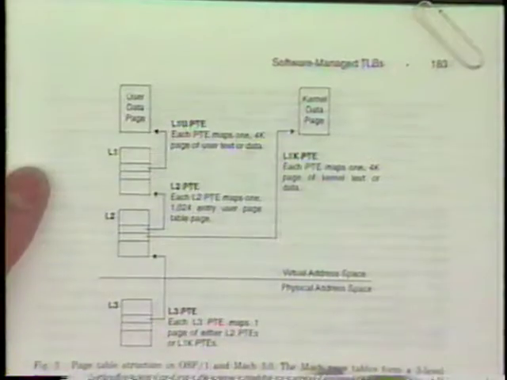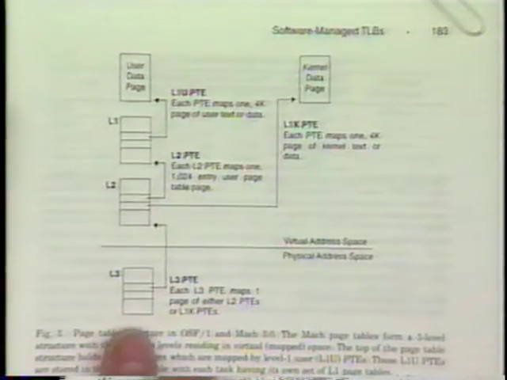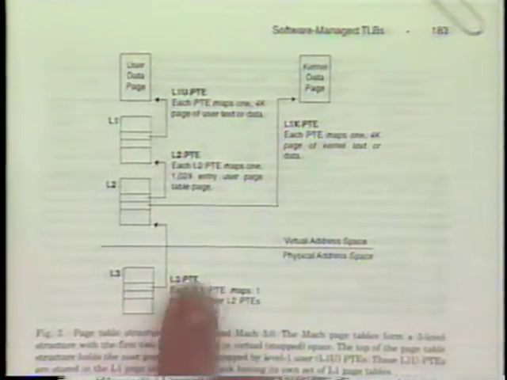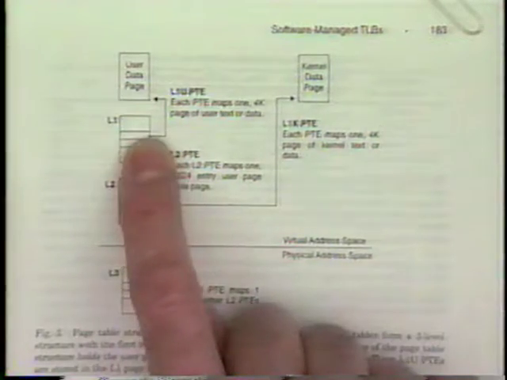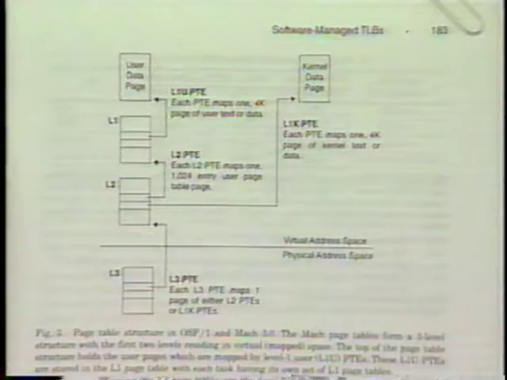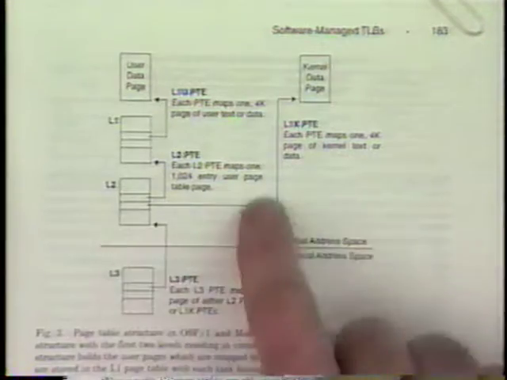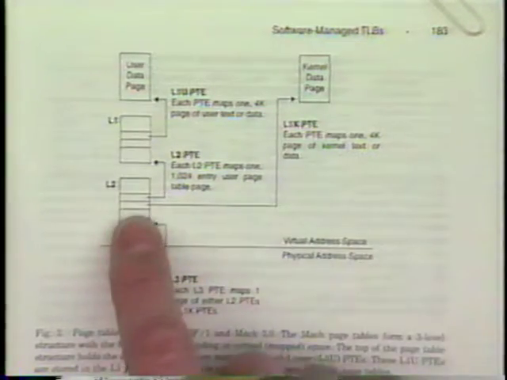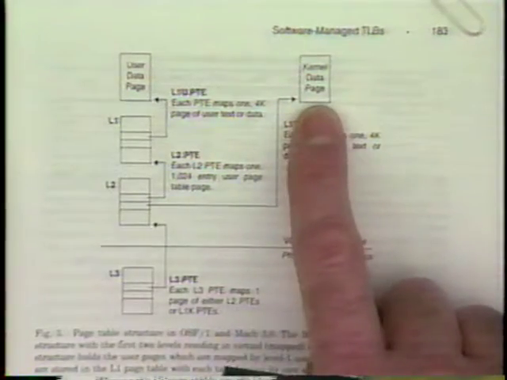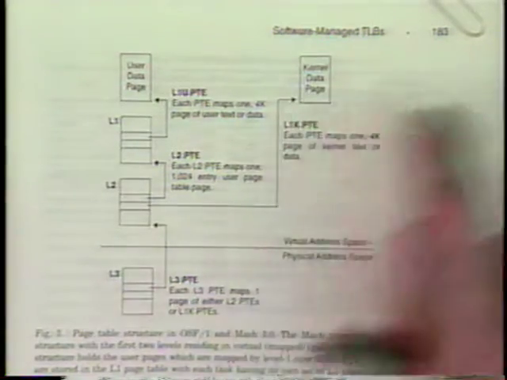In fact, the MIPS has a multi-level page table, much like the Alpha. If we can zoom in on this. This shows a level 3 page table going to a level 2 page table, going to a level 1 page table for user pages. It turns out they have another path where level 2 page table entries point directly to pages for the kernel.